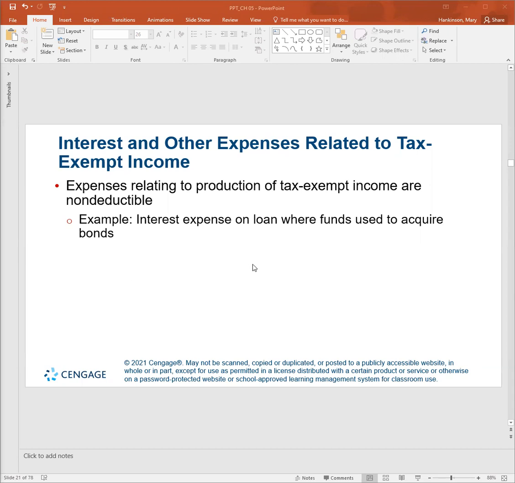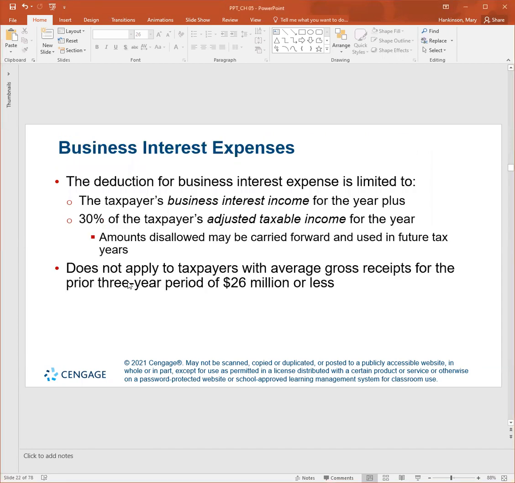So the example here again, interest expense on a loan where funds were used to acquire bonds. So business interest expense.